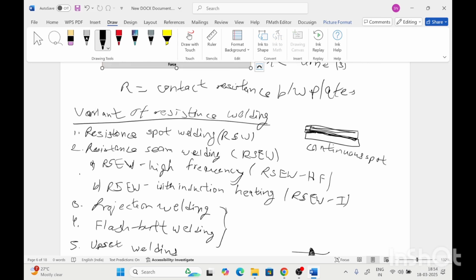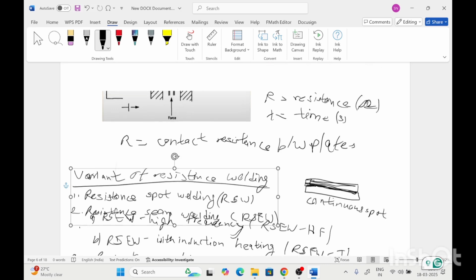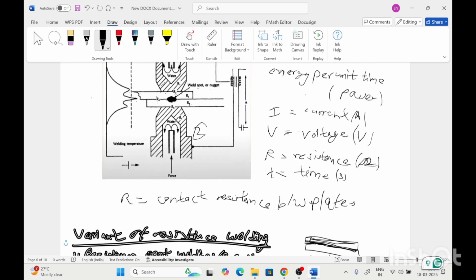So the resistance welding is classified, first, as resistance spot welding. Resistance spot welding is this schematic only.